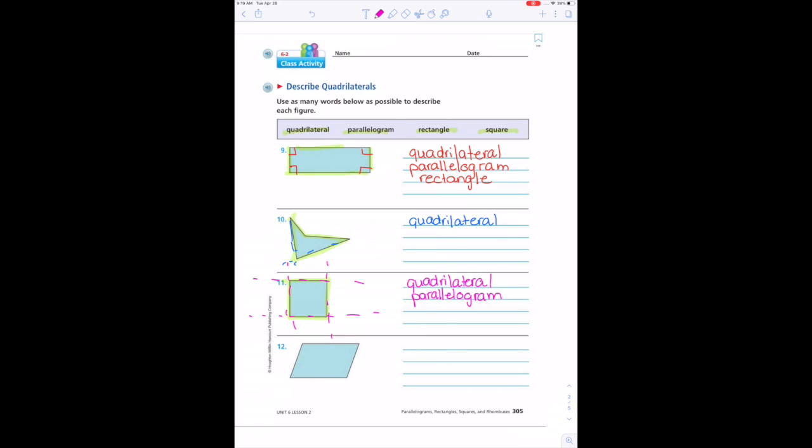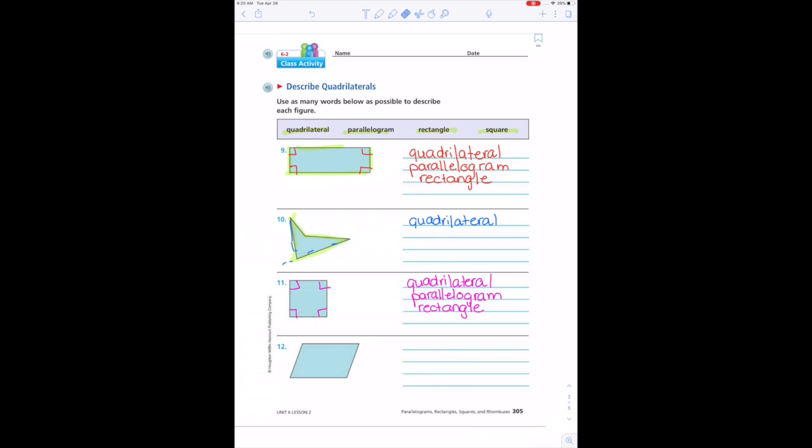Okay. Now, a rectangle. Let me erase this. Getting too much going on here. We can't even see what we're doing. Do we have 4 sides the same length? No, I'm sorry, I got ahead of myself. I was thinking square. We're looking for 4 right angles. Do we have 4 right angles? We do, so this is a rectangle.